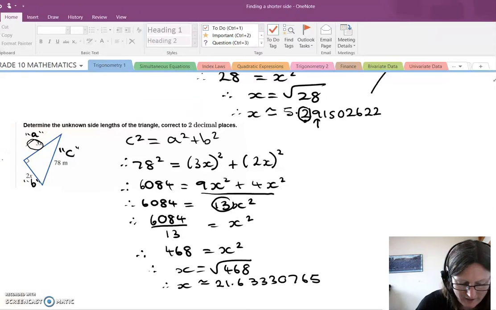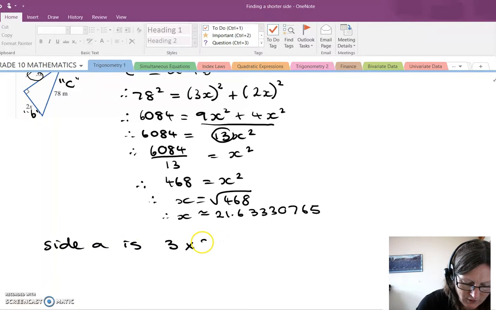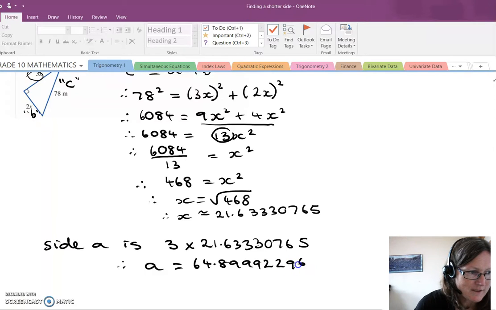This side is 3x, so side A is 3 times 21.63330765. Therefore, side A is equal to 64.89992296. To 2 decimal points, 1, 2, looking at the third.